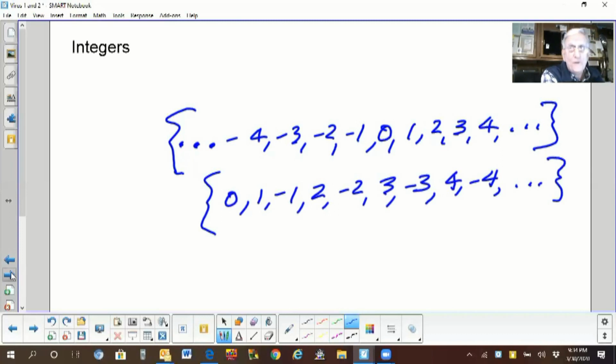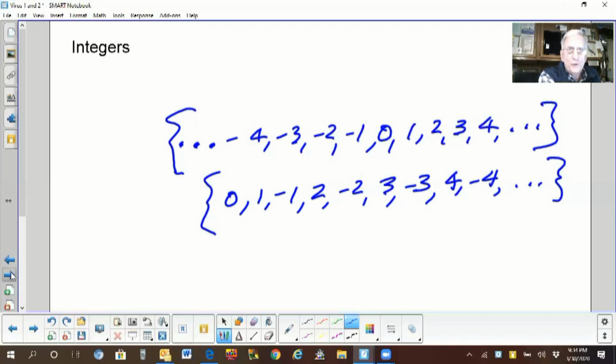You know that all the numbers that are integers would be there if we continued this process the way we've started it, using the same pattern, 5, -5, 6, -6, and so forth. So both of these are decent and acceptable representations of the set of integers.